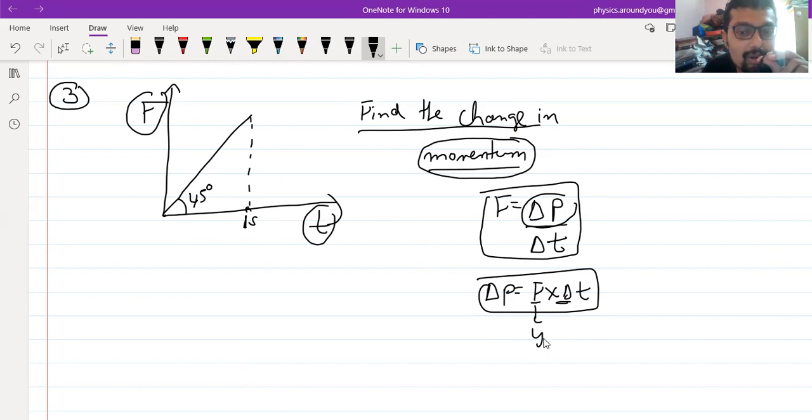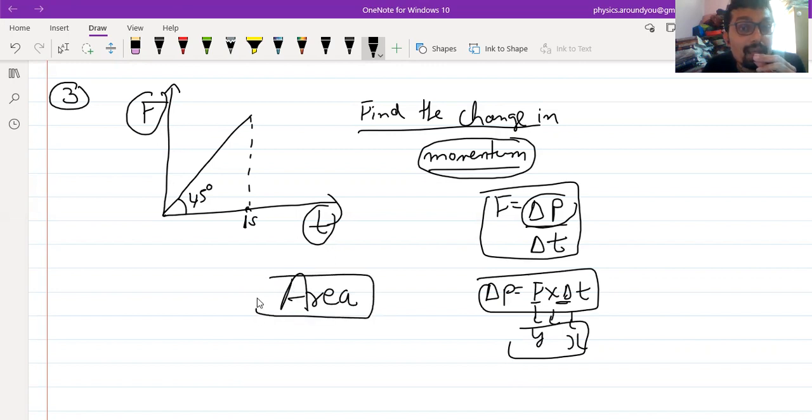Product of y coordinate and x coordinate. Whenever you're multiplying two quantities, what are you actually finding? Area.